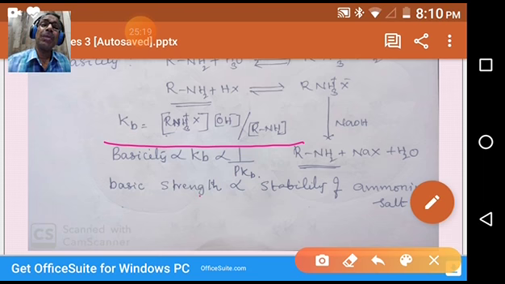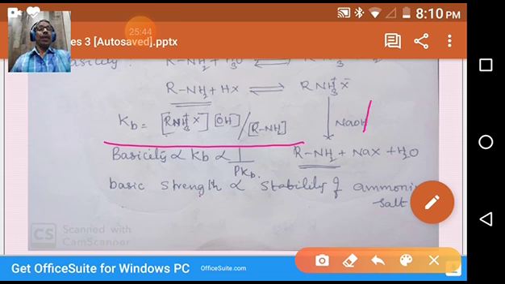A higher Kb value means more basic, and Kb is proportional to basic strength. pKb is the negative logarithm of the Kb value. As the pKb value increases, basicity decreases. As the pKb value decreases, basic nature increases. So the lower the pKb value, the more basicity.